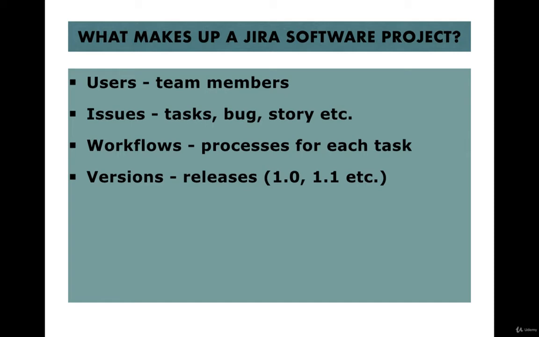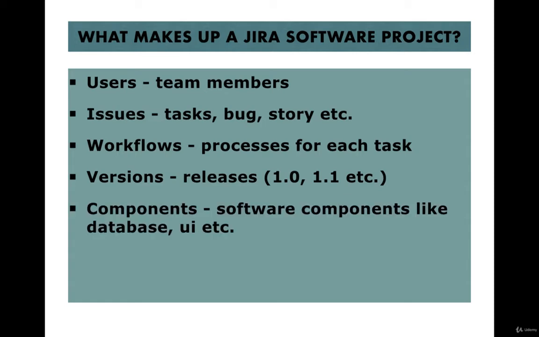You bundle up the issues or stories that you want to release as, say, version 1.0. You took 10 stories, and you are targeting those 10 stories as version 1.0 to release in another 3 months. That sort of versioning is part of the Jira software project.